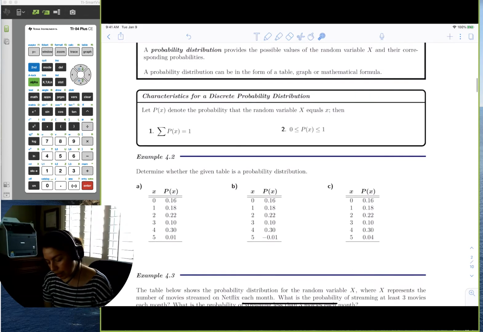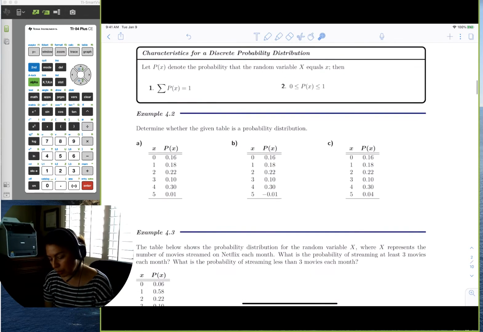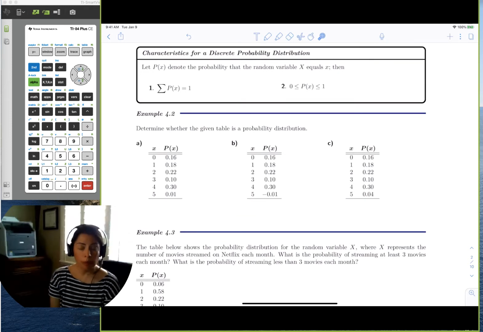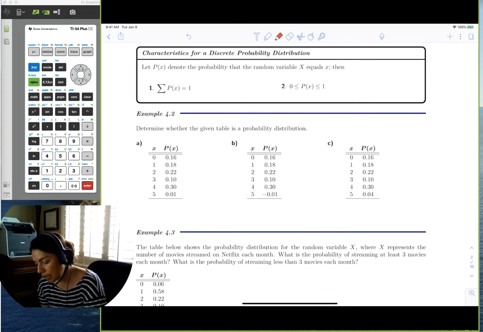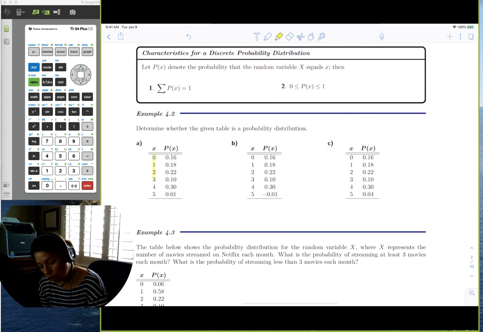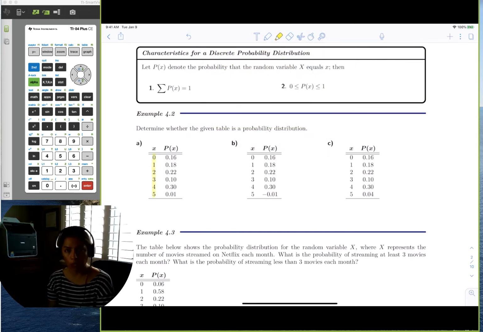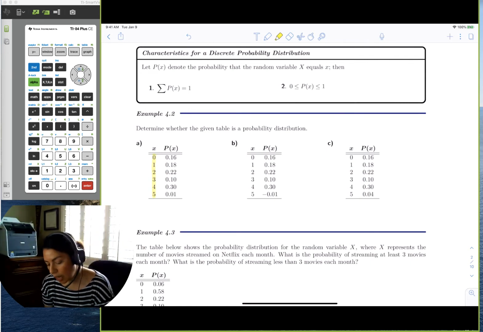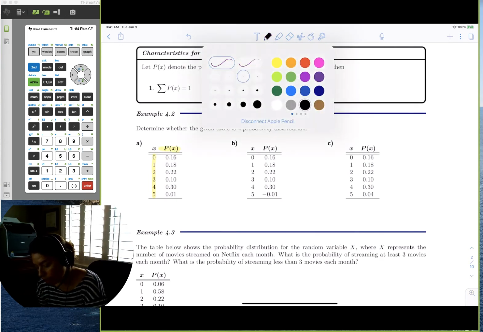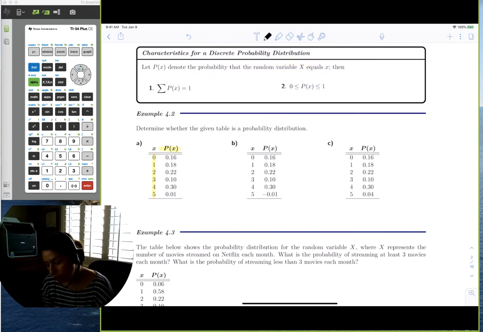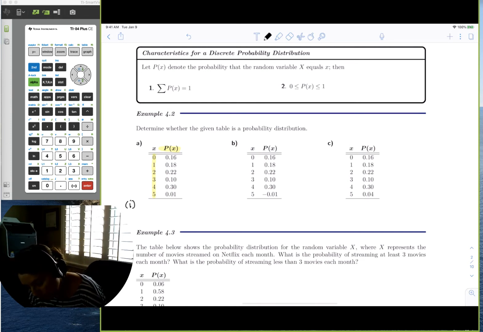Okay, so let's take a look and determine whether the tables below give a probability distribution for a random variable. So you'll notice that here the x values are all 0, 1, 2, 3, right? Whole positive numbers. And the probabilities are on the right side of the table. Okay, so if I want to determine whether this is a probability distribution, I would first make sure that the sum of all the probabilities is equal to 1.